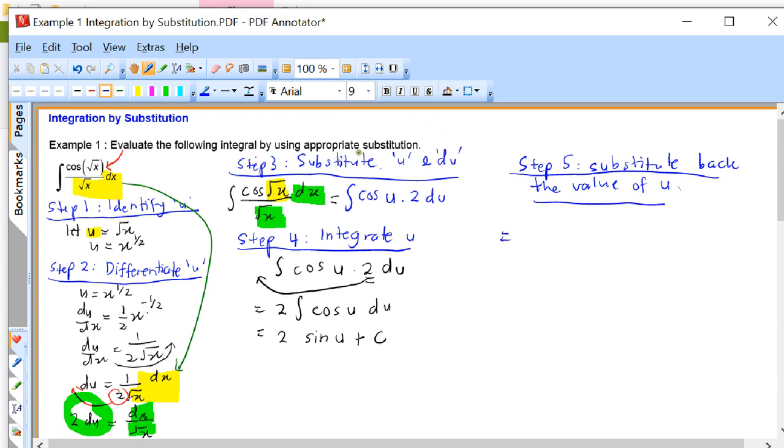So we have 2 sine, the u that you replaced in step number 1, which is the square root of x, plus c. So this would be the answer for integrate cos square root of x over square root of x dx.